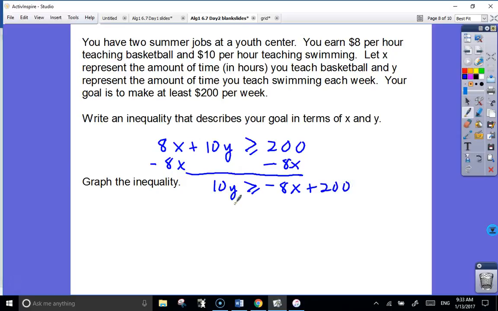What's the last step? Divide by 10, right? Divide by 10, divide by 10, divide by 10. So y is greater than or equal to negative 4/5 x plus 20. Now just graph it.